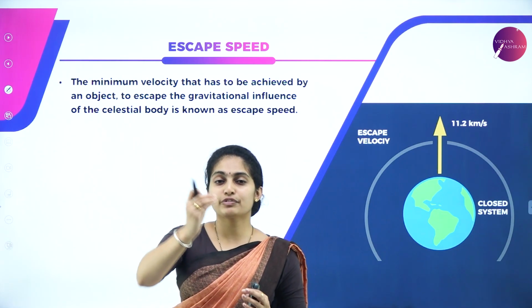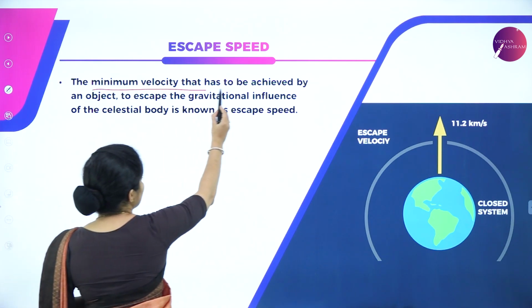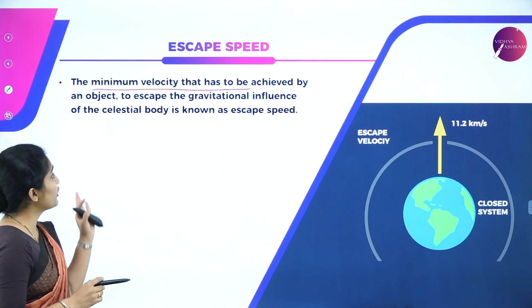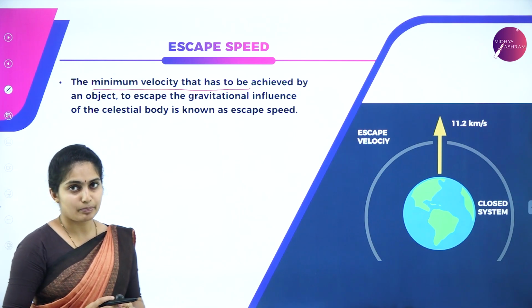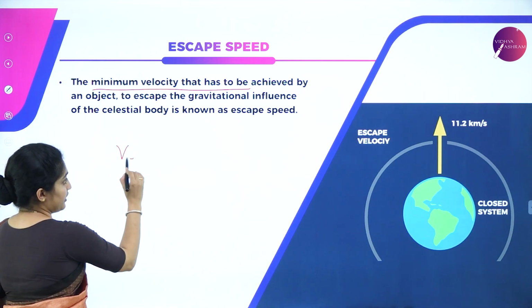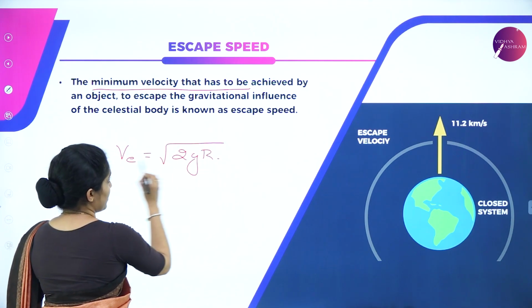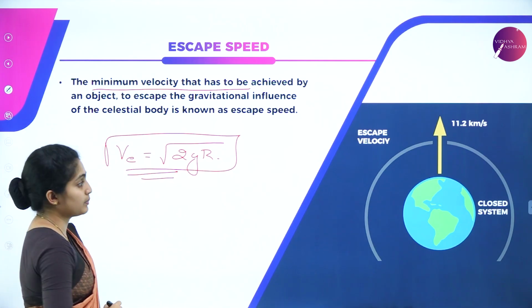So escaping of the earth's gravity is called escape speed. That is the minimum velocity that has to be achieved by an object to escape the gravitational influence of a celestial body. And the formula for this is escape velocity equal to root 2 g r. So this can be used as the formula for escape speed.